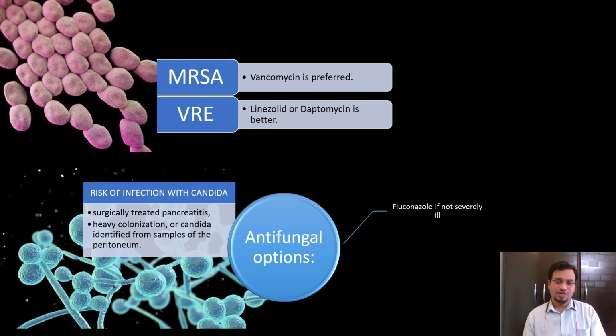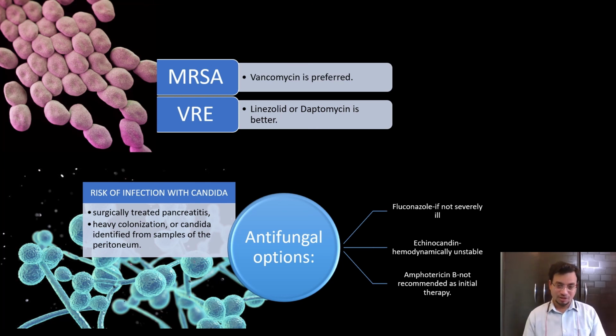If the patient is stable, not severely ill, you can start with fluconazole. If the patient is hemodynamically unstable, always use an echinocandin, in which you can use caspofungin, micafungin, or anidulafungin. Obviously, amphotericin B should not be used as initial therapy because of its high toxic potential, especially nephrotoxicity.